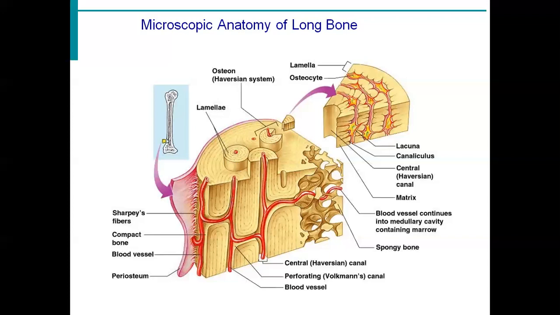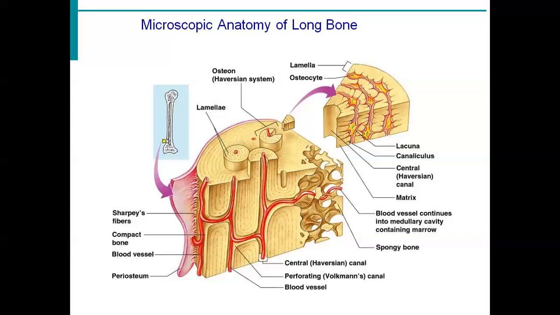This is the overall histological structure of a long bone, and this topic is very important for your final exam. The main question may come from this area.